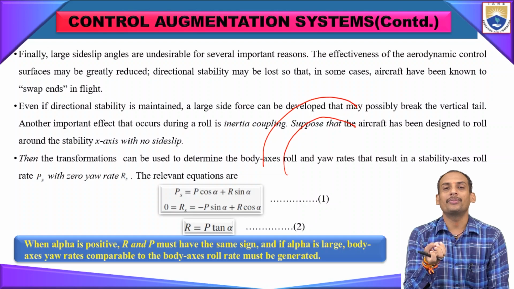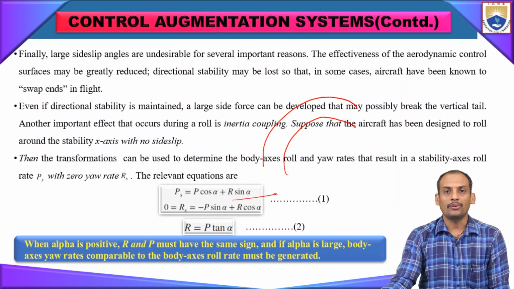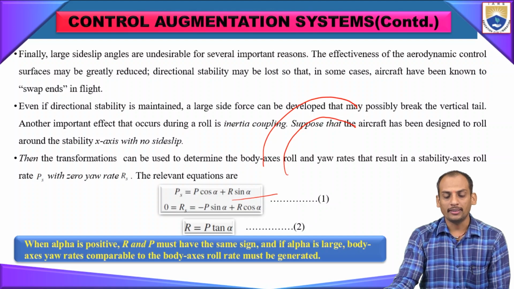The transformation to the body axis system for rolling and yawing rates is determined by the equations given here. That is p s equals p cos alpha plus r sin alpha, and the resultant for r s, the side slip one, will be minus p sin alpha plus r cos alpha.